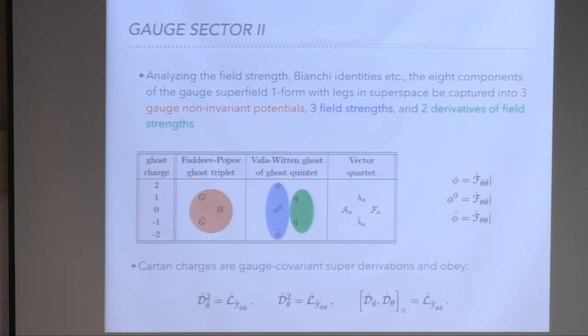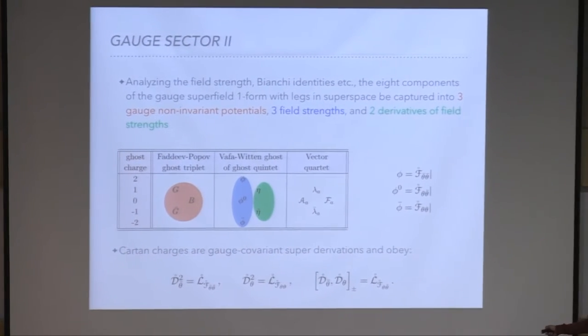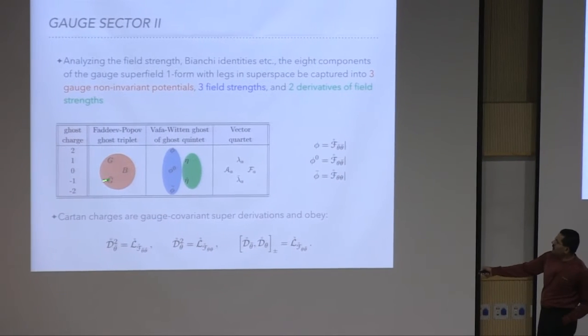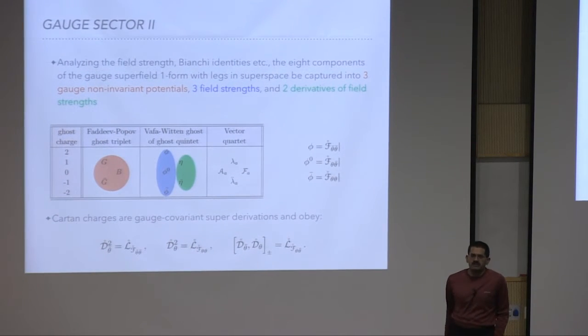And by a clever choice, you can parameterize the multiplet in terms of, let me use a mnemonic, 12 fields. 3 of them are going to be gauge potentials. I mean, I'm after all parameterizing a gauge field, so some of them have to be gauge potentials.